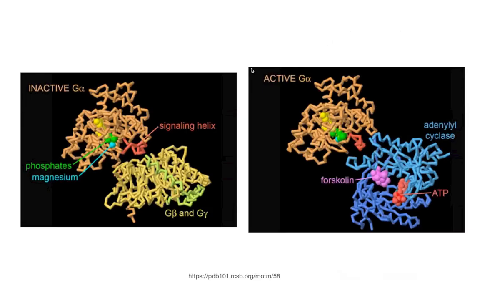The changed shape receptor is then going to cause the G protein to change shape, to release its GDP and take up GTP. Once bound to GTP, well, now it exposes a binding site for adenylyl cyclase. And so it's going to ditch those beta and gamma subunits, go and find the adenylyl cyclase and activate it.